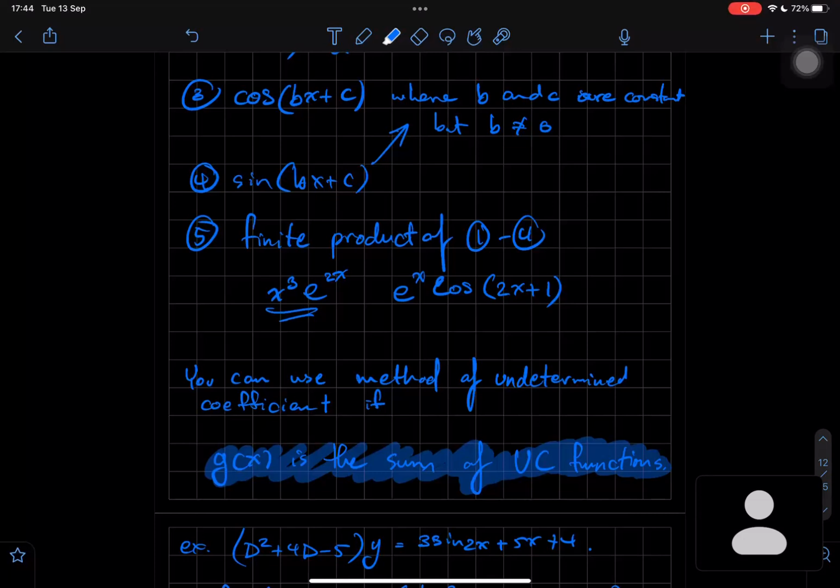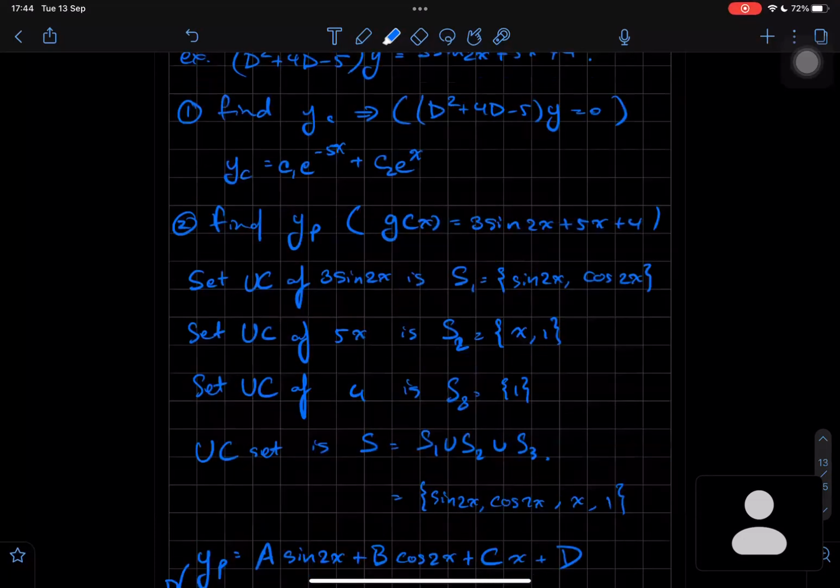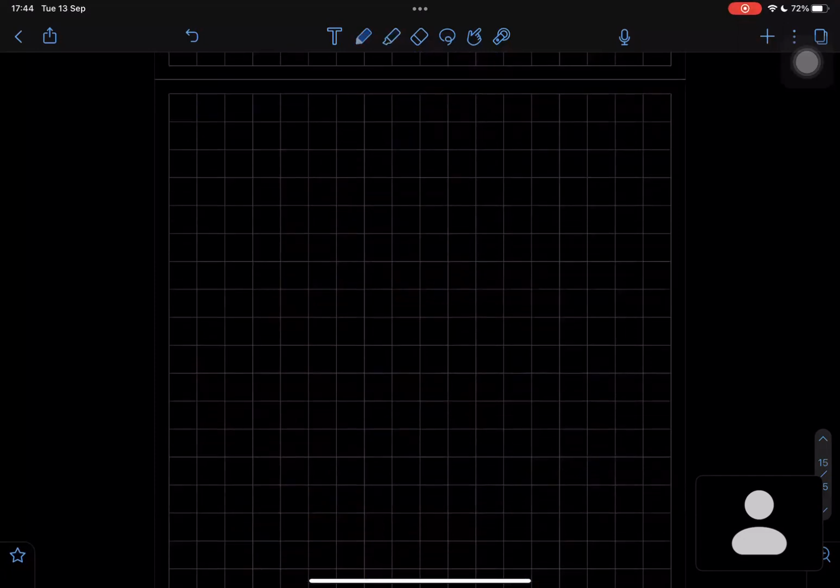The next one is called the variation of parameters.